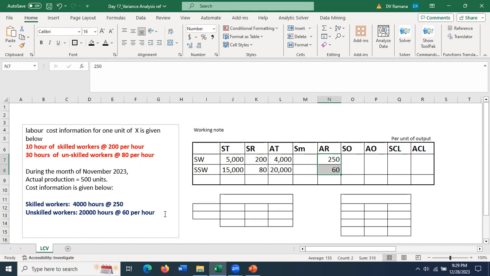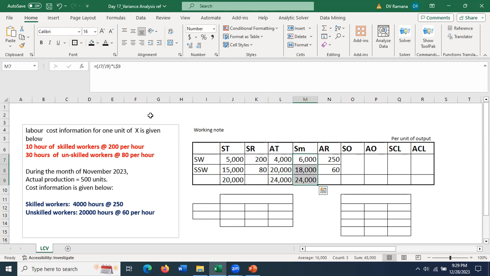So now let us see whether the composition of the team has changed. The composition of the team says, as per the standard, 1:3. So the skilled workers should be 1/3 of the unskilled workers, or skilled workers should be 25% of the total labor force. Our actual time that we have used is 24,000, but definitely it is not in the expected standard ratio. So they have not only used more time, but they have also changed the composition.